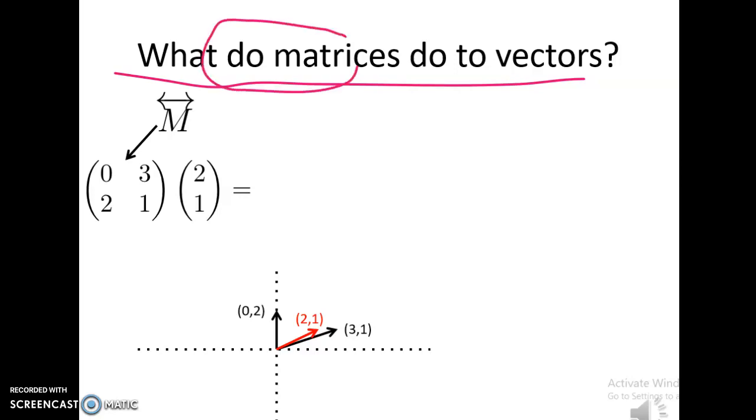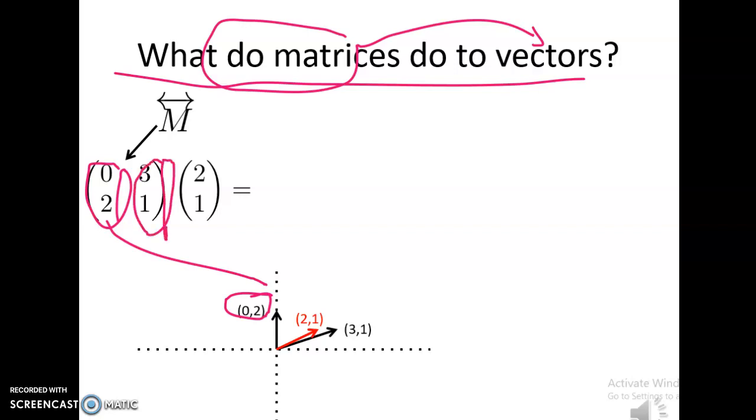The matrix makes new vectors: 0, 2 take this here, this 0; this 3, 1; this 2, 1 is the result.